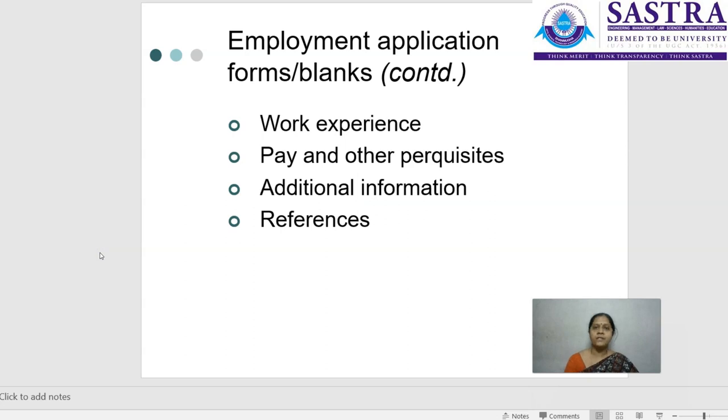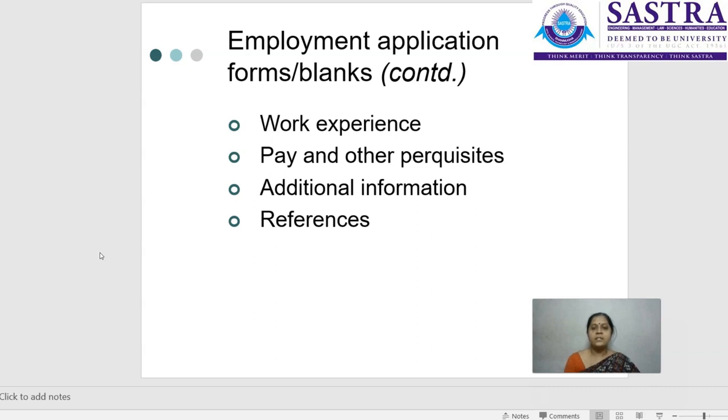Here the work experience covers the positions already held, the tenure in each position, the nature of job, work and pay benefits, and they can also include details about the present employer, the previous employers, and explanation for the break in employment.